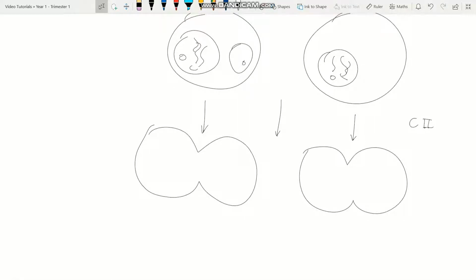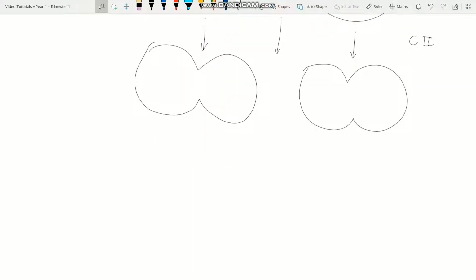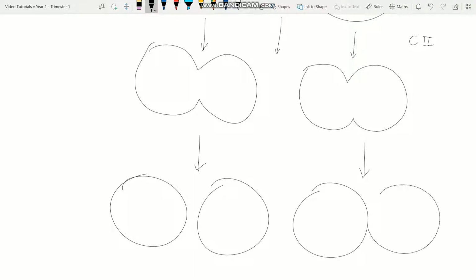So I'll just redraw the nucleolus, because as we know, there are 2 nuclei present now in each cell, and that will mean that eventually there's the formation of 4 genetically different haploid cells.